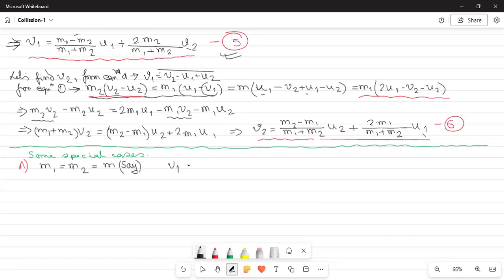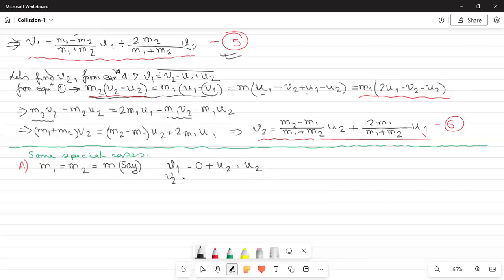Second part is 2m divided by 2m, so v1 is equal to u2.